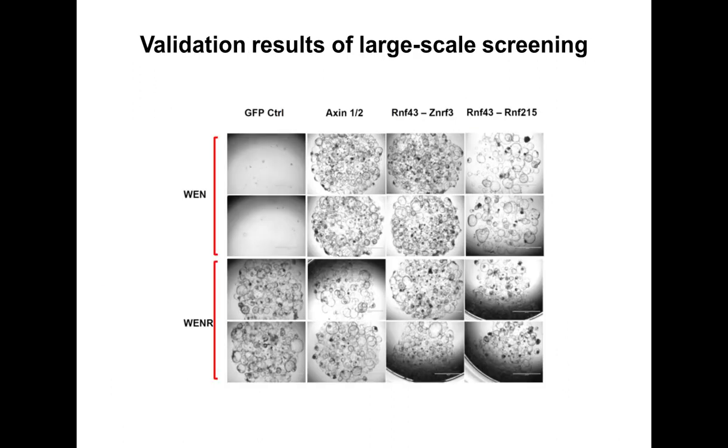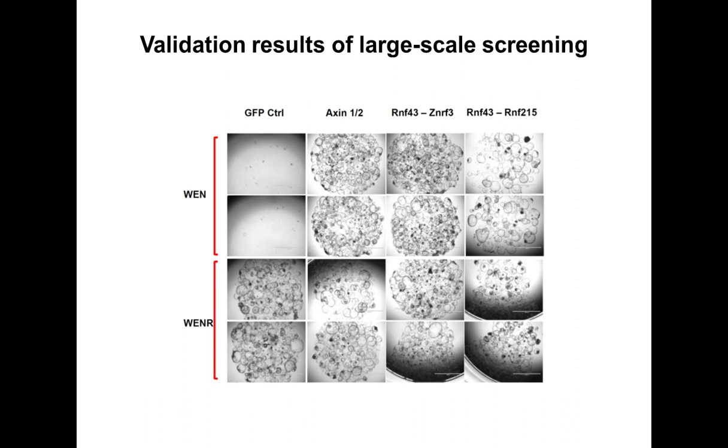So we went on to a validation experiment, and here I can show you that the two positive controls, Axin 1 and 2, and RNF43 and ZNRF3, both show nice resistance upon R-spondin withdrawal. But the novel discovery, which is RNF43 and RNF215, also shows very nice organoid growth without R-spondin.